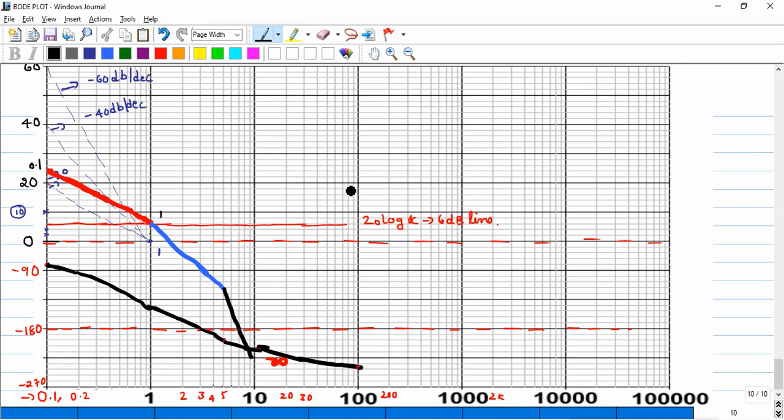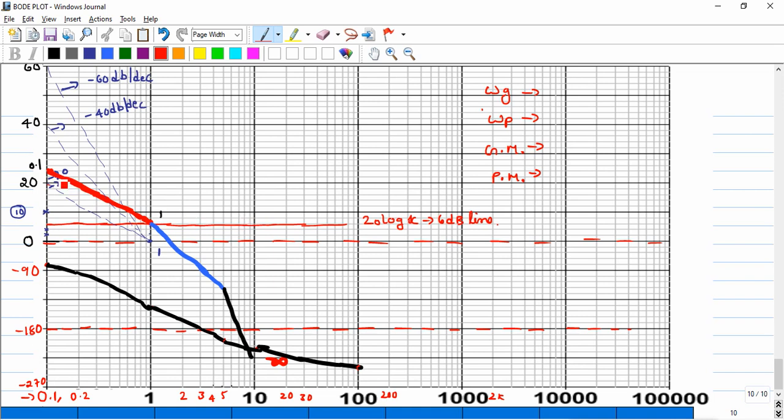Now here we need to measure following factors, that is given by, we need to measure omega g, omega p, for next gain margin, phase margin, okay. We need to identify all these value.